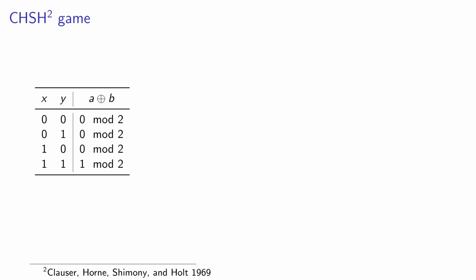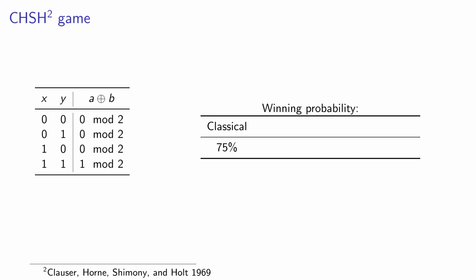And why is this such an important game? Well, it can be shown that classically this game cannot be won with probability higher than 75%. While with access to quantum computers, this game can be won with 85% probability. Turns out that this game is such that there exists a so-called non-signaling strategy for winning this game.